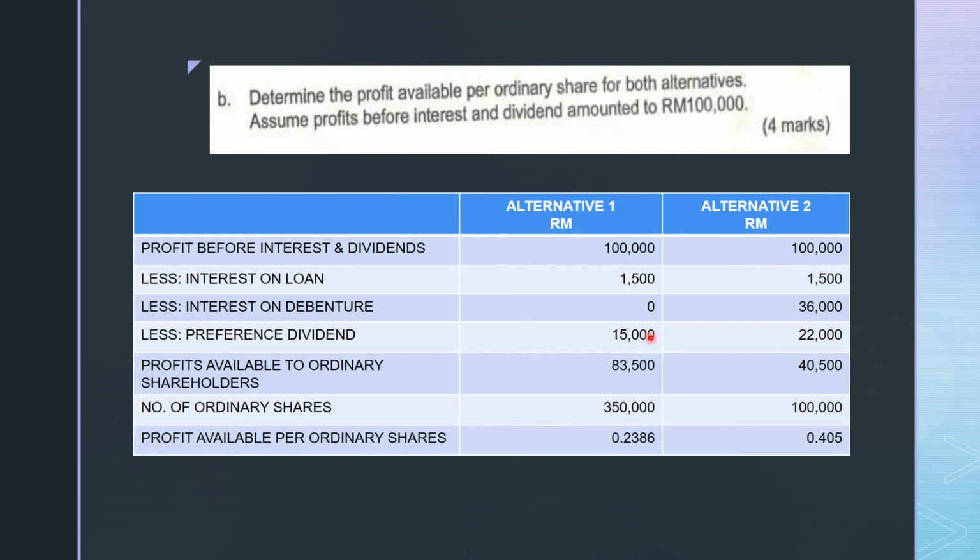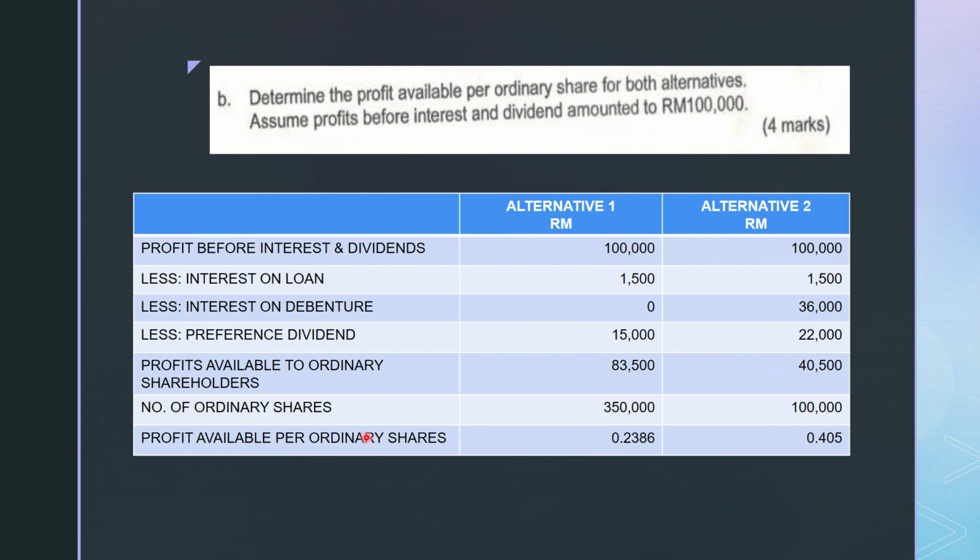Alternative 1, the preference dividend is 15,000. For the second alternative it is 22,000. So you deduct from the profit before interest and dividend of 100,000 the interest on loan, interest on debenture and preference dividend, and you arrive at the figure for profit available to ordinary shareholders. First alternative, the amount is 83,500 and second alternative 40,500.